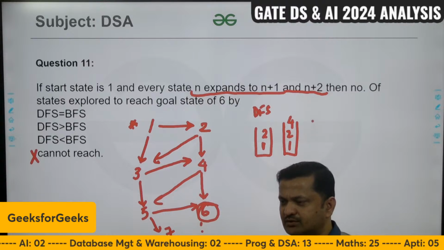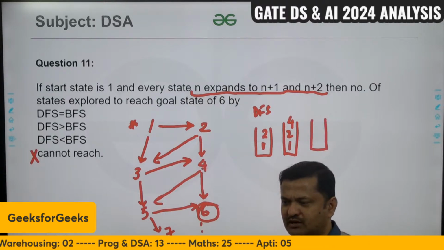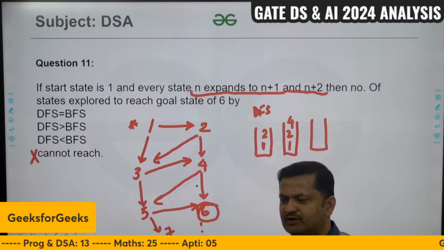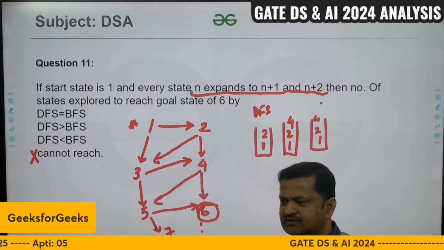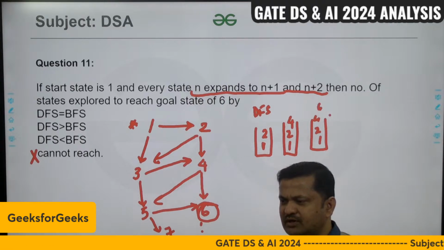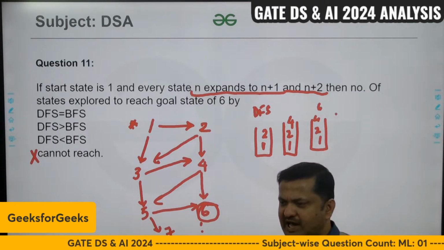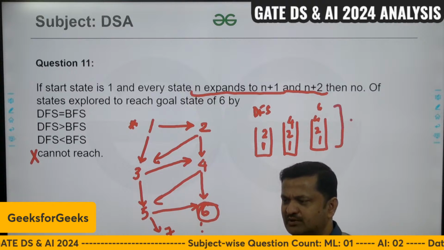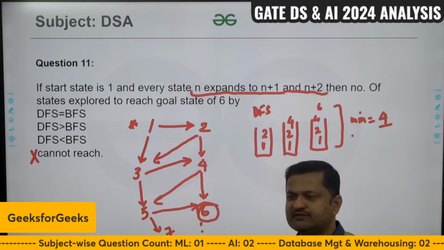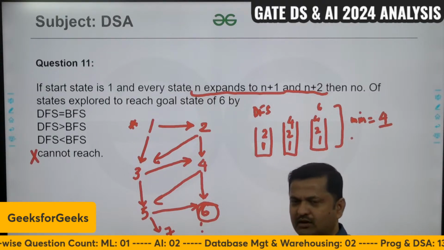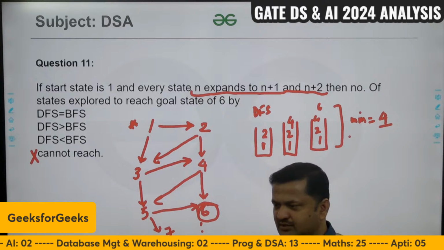After 4, we have multiple possibilities: we can either move to 5 or reach 6. So it is 1, 2, 4, and 6. In this case, if I start the DFS, the minimum number of states to be visited to reach node 6 is 4, including 6.